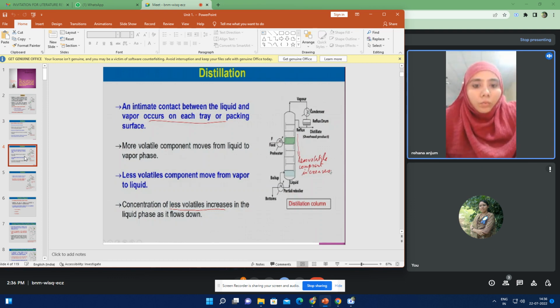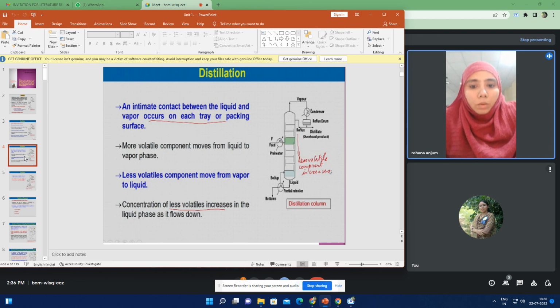Now, the flow is gas and liquid from top to bottom. The reflux liquid as well as the feed flow down and make intimate contact between the liquid and the vapor across each tray or packing surface.